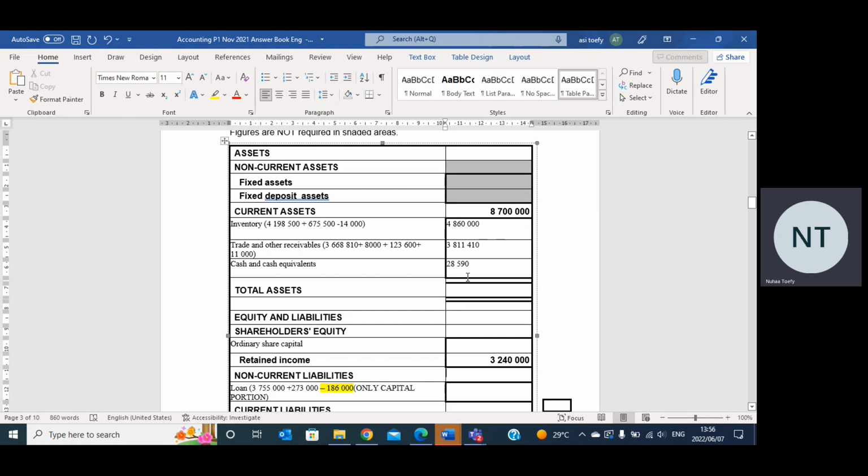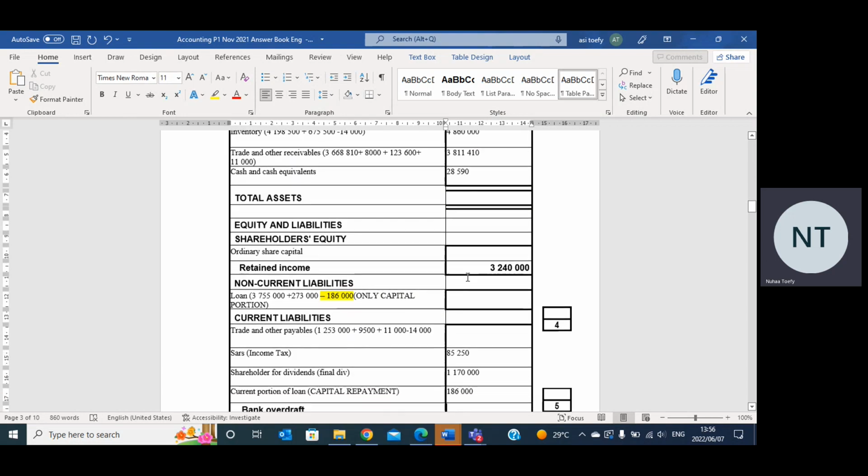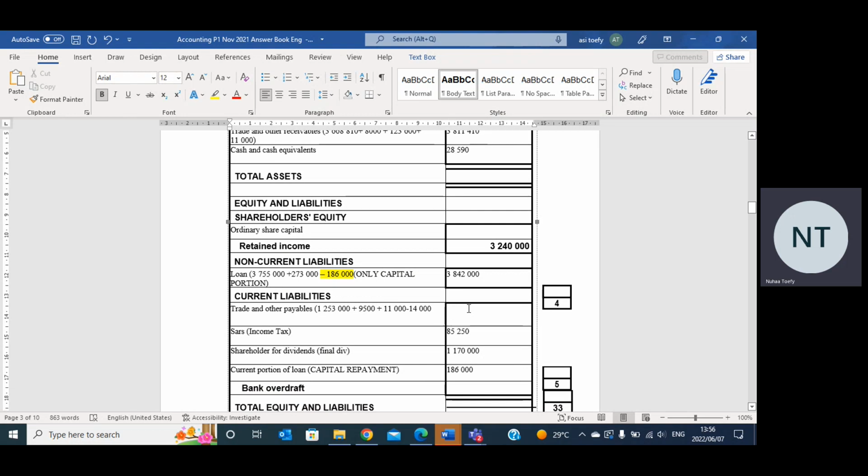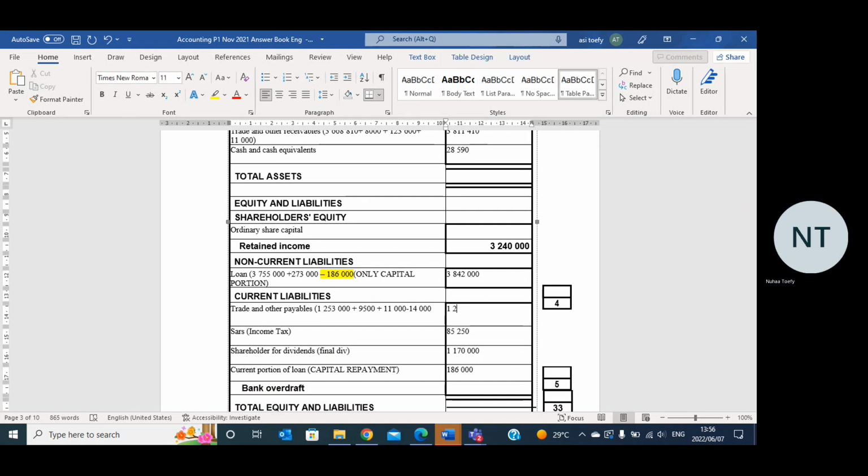I don't have my total assets, but I can get it once I get my total liabilities. Right, my ordinary share capital is a balancing figure. I'm probably going to need to get that. If I add all the things that I added up now, it's going to equal 3842. There we go. My liabilities, if I add it up, it is 1,259,500. And then balancing figure is my bank overdraft.